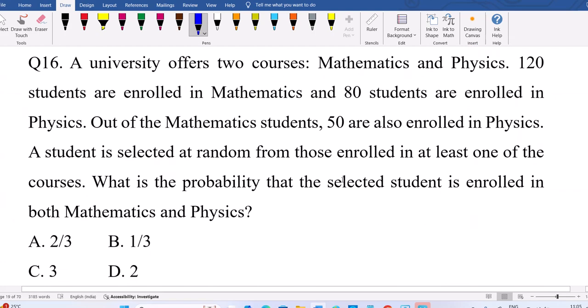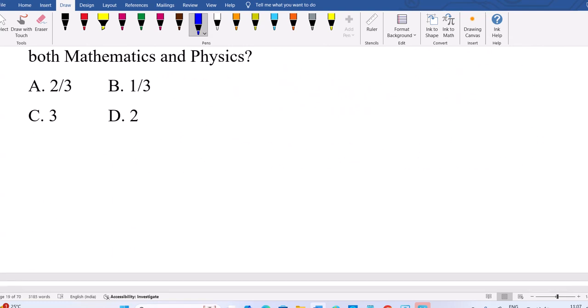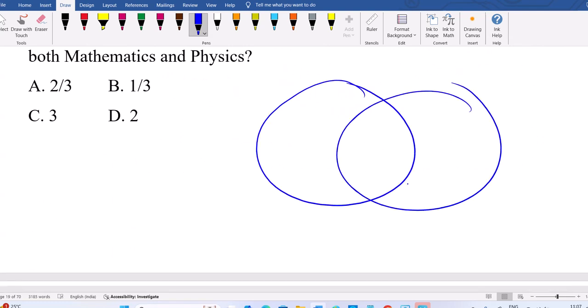Now see the 16th question, probability. Here, mathematics and physics. 120 students are enrolled in mathematics, 80 enrolled in physics. Out of the mathematics, 50 are also enrolled in physics. This is actually the intersection of both. So first thing, we have two subjects, maths and physics.